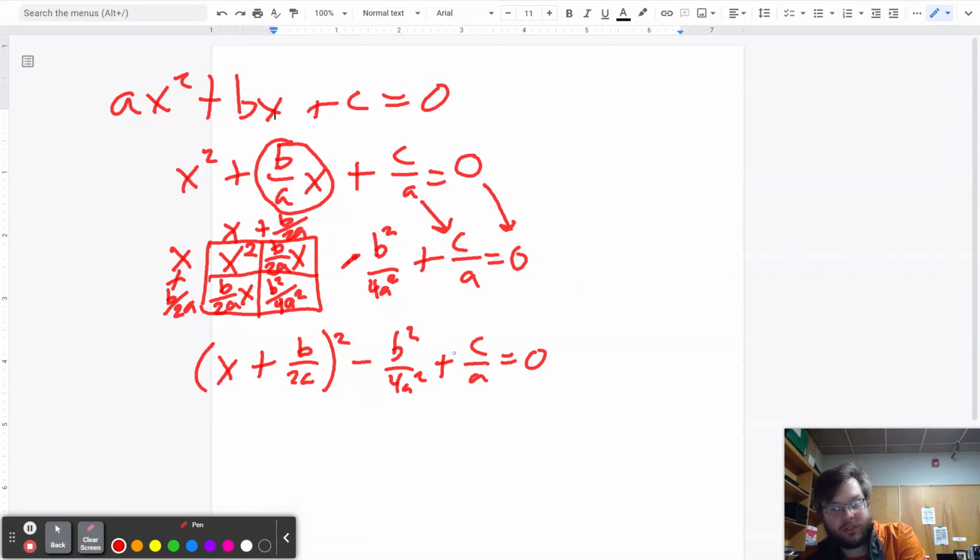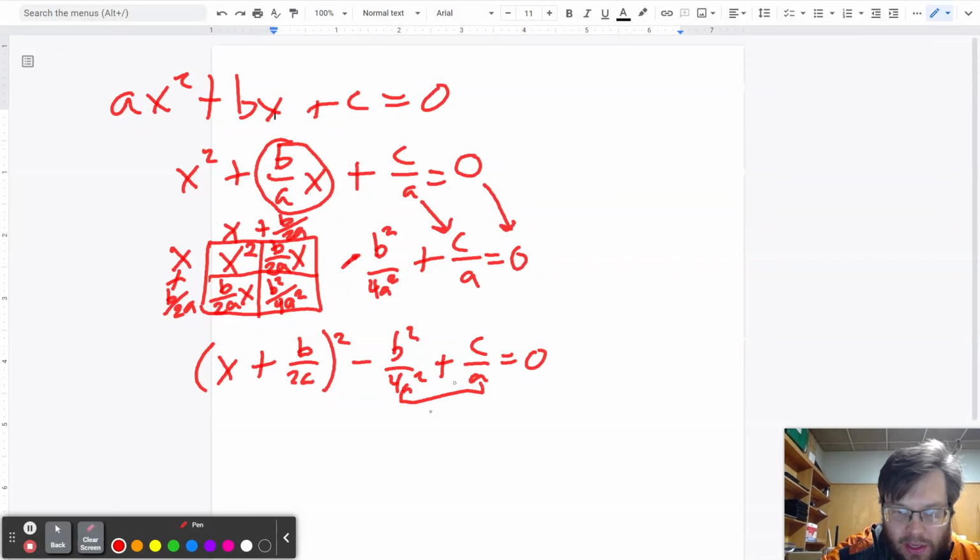What I'm going to do now is just solve for x. We started with x in two different spots that were unlike terms. We completed the square, so now x is in one spot. These two terms are fractions. They don't have the same denominator. So I'm going to multiply this one by 4, and I'm going to multiply it also by a.